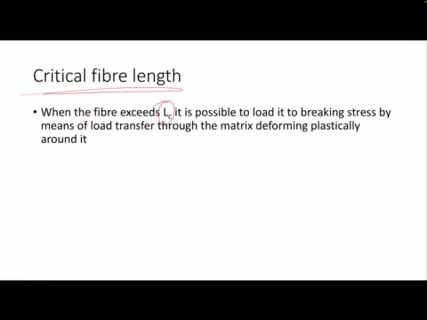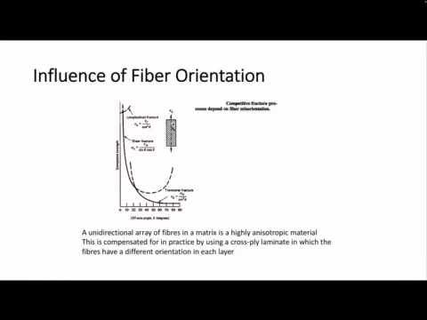Okay, then lastly about fibers and composites, it's very important how we orientate the fiber. So you can understand if you apply a load in this direction, and the fiber is also oriented in that direction, then of course you're going to get your best, highest strength.